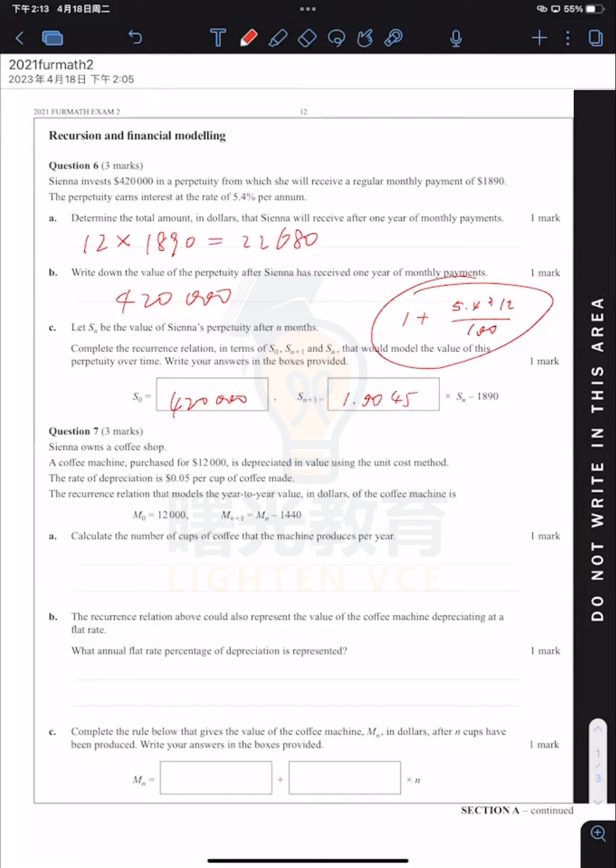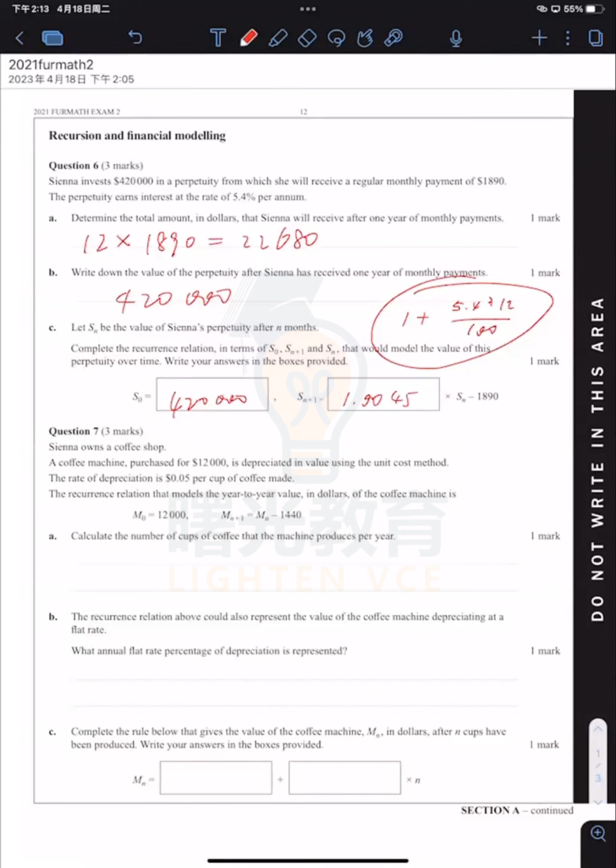When the machine is purchased, its worth is $12,000. And each year, it depreciates a certain amount because it produces a certain number of cups of coffee. How many cups of coffee are made would affect the depreciation values, right?